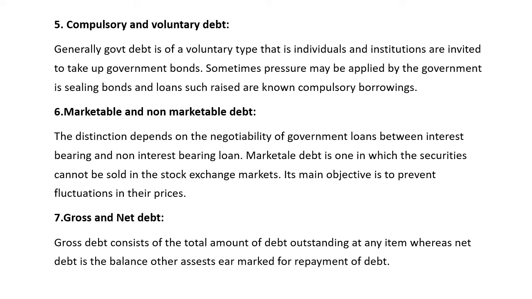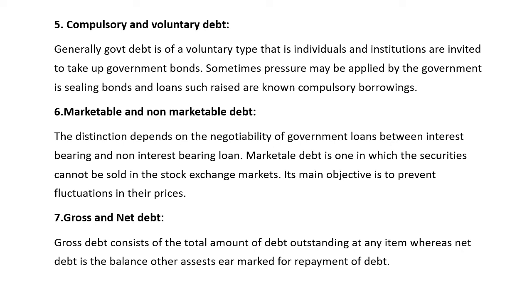Another one is marketable and non-marketable debt. Government loans are divided between interest-bearing and non-interest-bearing loans. Marketable debt is one whose securities can be sold in the stock exchange markets. Non-marketable debt is the opposite. The main objective is to prevent fluctuation in their prices.